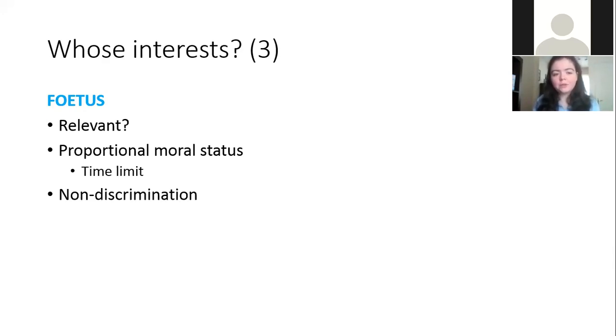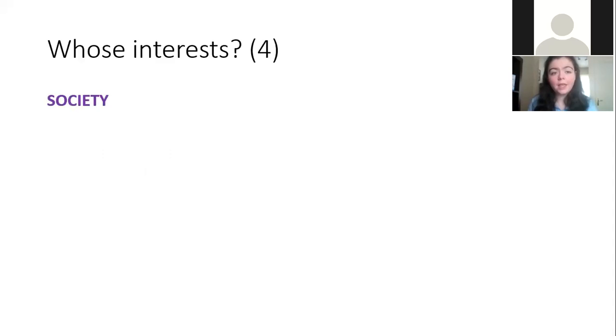And the fetus, we're going to get on to the discrimination and aborting a fetus with an abnormality or a disability, but that's the kind of things we're putting in fetus's interests. Again, entirely up to you if you want to consider them or not. And the fourth person or group with an interest is society at large.